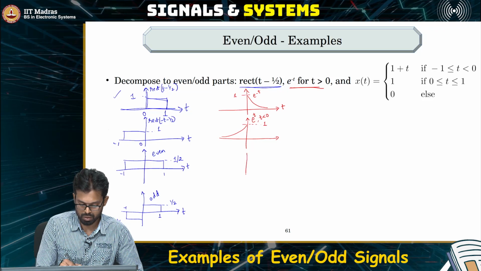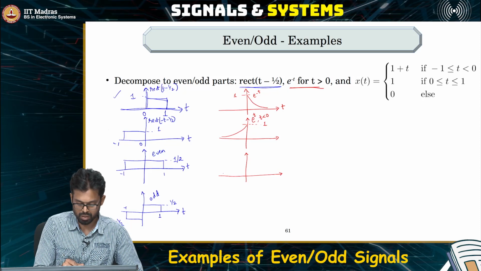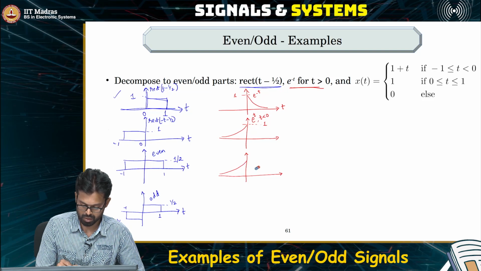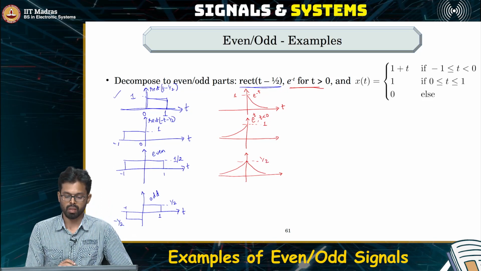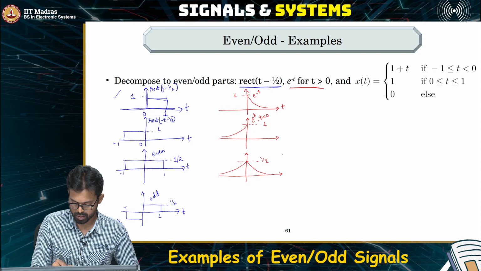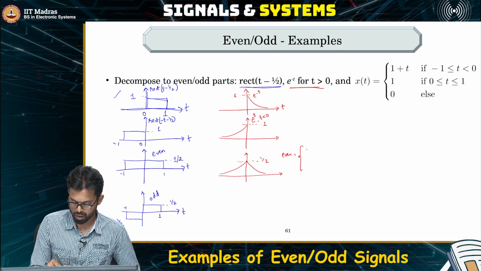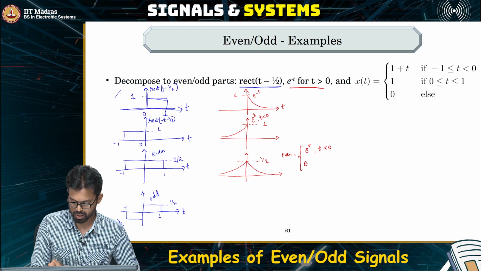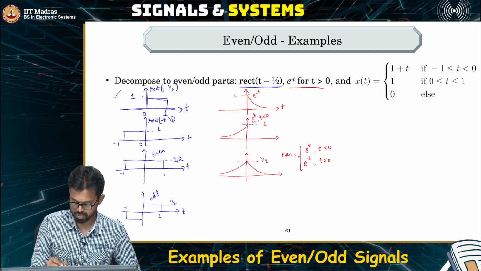Now, when you add them up and take an average, you get something like this, where the peak is half. So basically, what is this? This is nothing but the even part, which is equal to e power t when t is less than 0 and e power minus t when t is greater than 0.